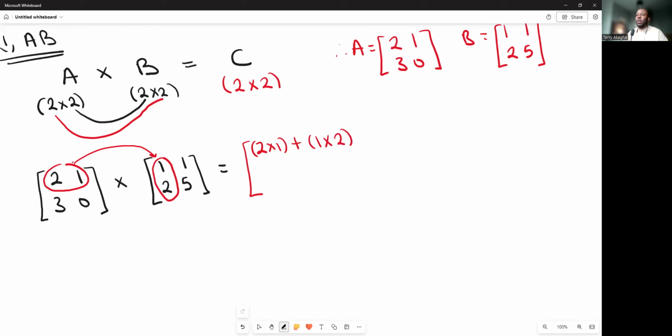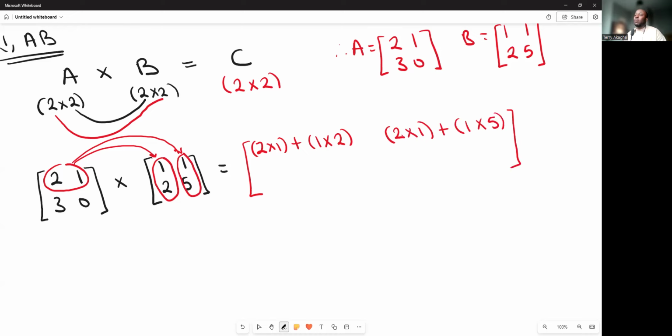Then we're going to go to the second one, going to open this one. So it's going to give us what? 2 times 1 plus 1 times 5.